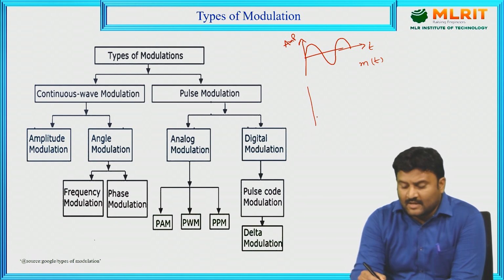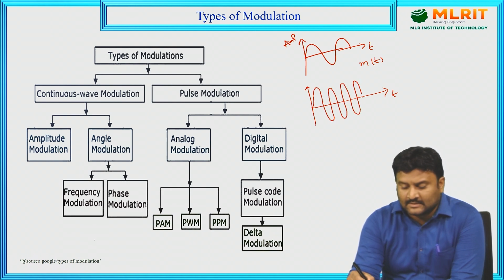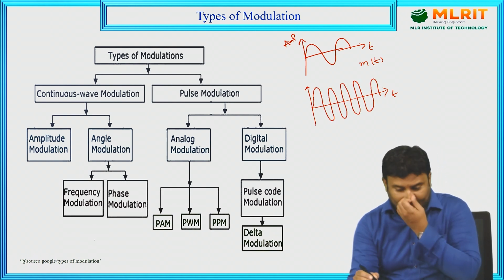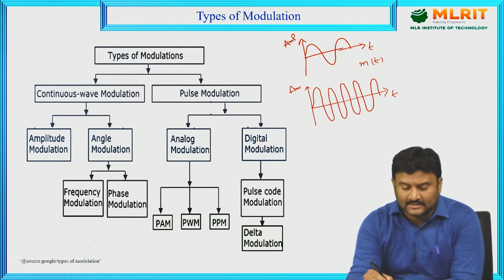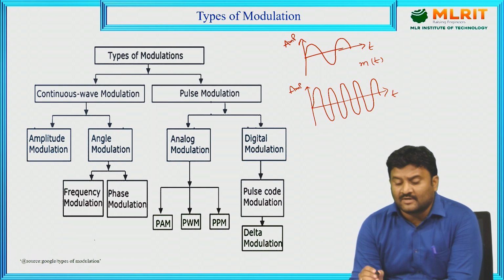Then I go for the next signal, the carrier. The representation of the carrier signal is like this. In x-axis time period and y-axis amplitude. What is the fundamental difference when observing these two graphs?